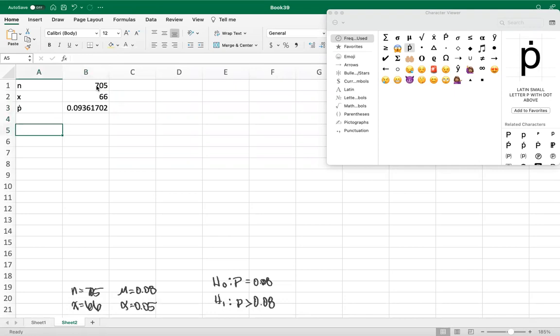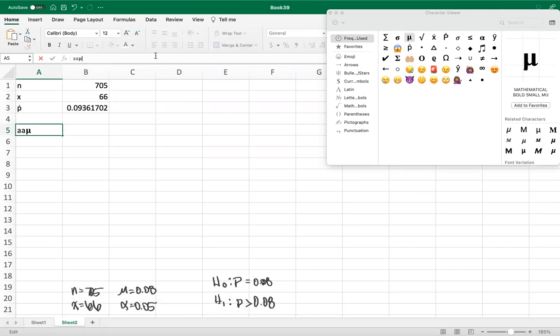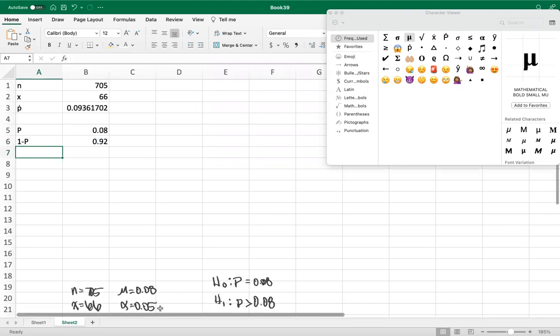They wanted the proportion, P, which is 0.08, which means that 1 minus P is equal to 1 minus 0.08. And now that we have that, we could find our standard deviation.